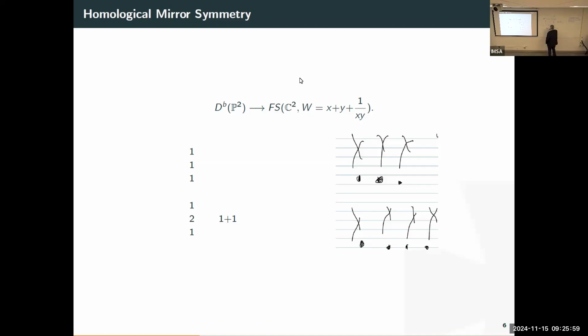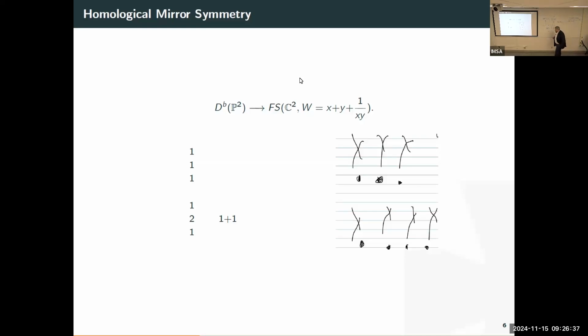This thimble gives us a Lagrangian cycle in this category, which corresponds to an exceptional object. Similarly we have other thimbles here, and that's how homological mirror symmetry is proven in this case. We have three exceptional objects and three thimbles that correspond to them, and you show that these two categories are equivalent to each other.